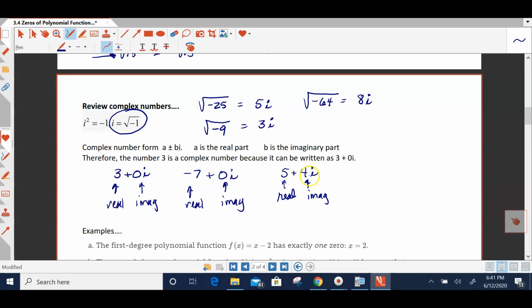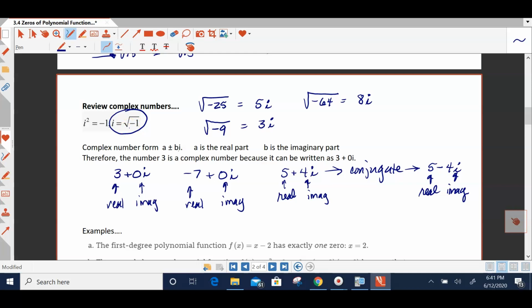For 5 plus 4i, what would this guy's conjugate be? It would be 5 minus 4i. But again, the first part is the real part, the second part is the imaginary part. So there's our definition of what a complex number might look like and how that imaginary portion comes about.